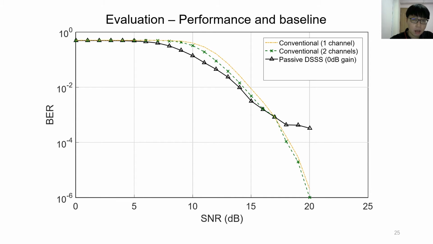And then we show the communication performance of the passive digital base with 0 dB processing gain. The 0 dB means the data rate of the spreading code is equal to the baseband. And we can see in this case, when SINR is low, the performance improves a little bit. However, when the SINR is high, the performance is even worse than the conventional receivers.